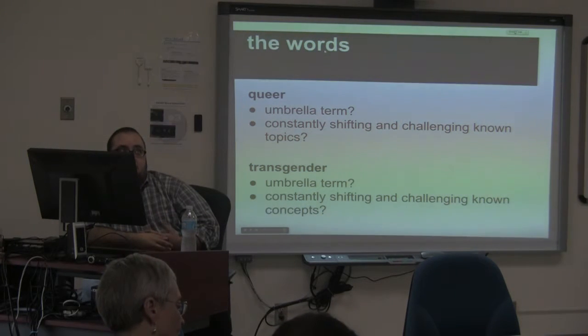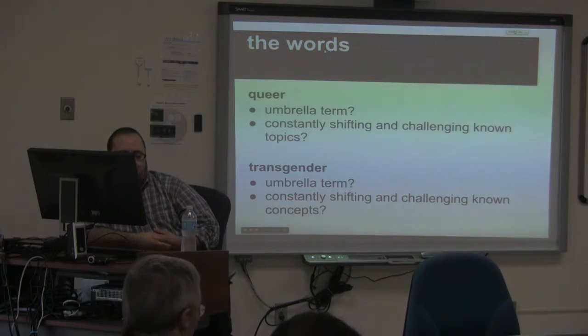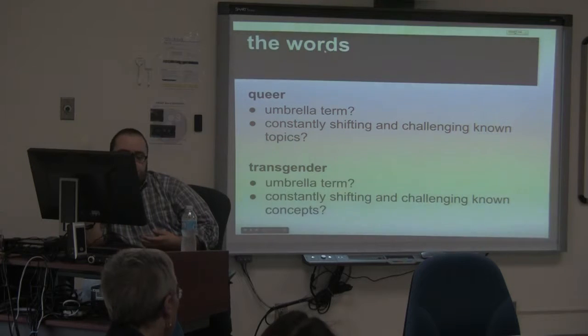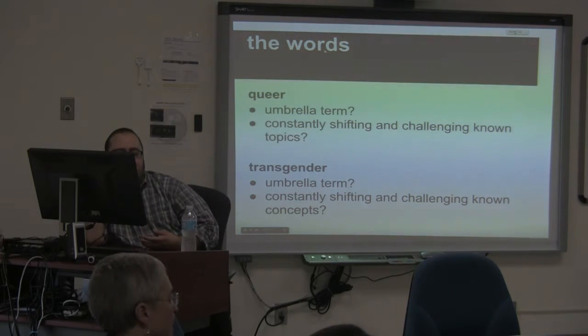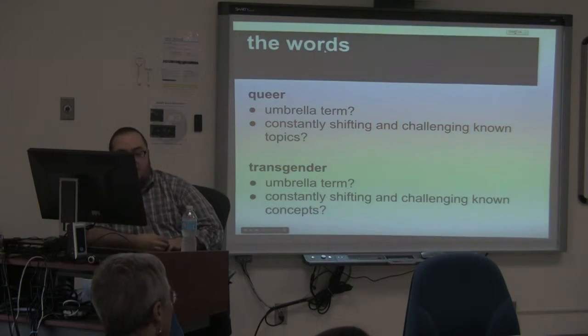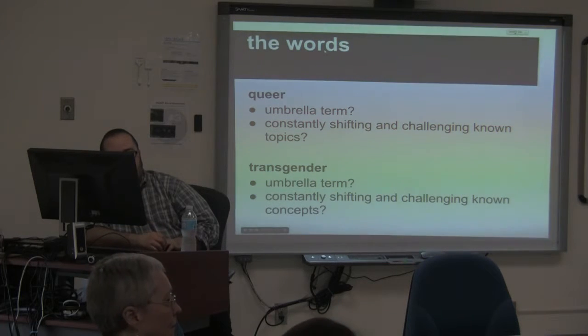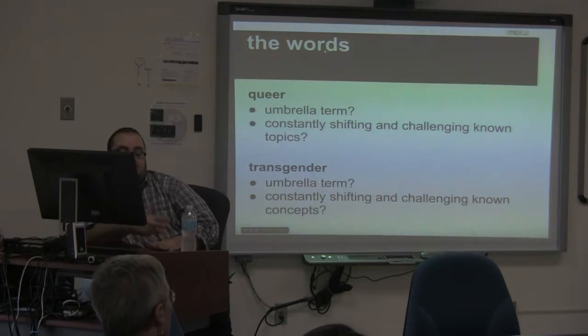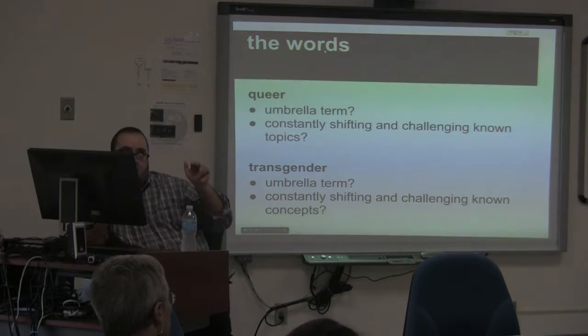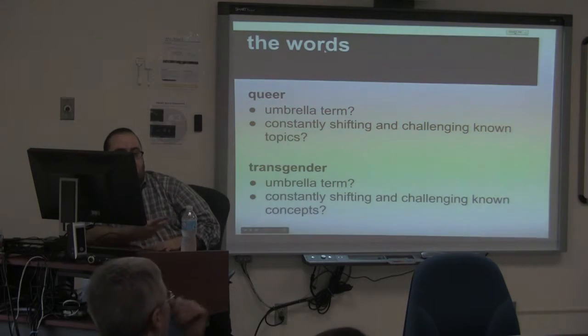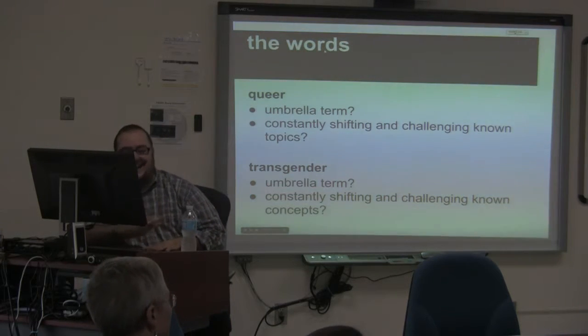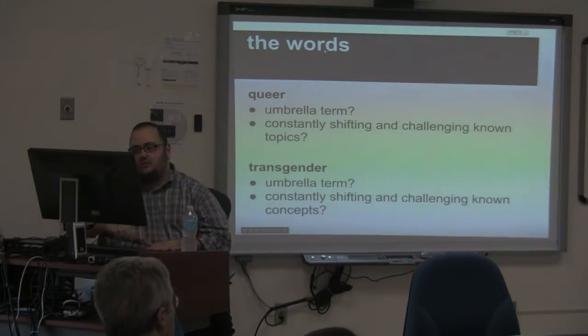It first came about in medical literature pre-World War II, but Virginia Prince is known for popularizing it in the 80s, referring to people who would call themselves transsexuals, specifically male to female transsexuals, but weren't interested in going all the way, so to speak, into having any sort of sexual or gender reassignment surgeries, just changing their outward gender presentation and identity to match the gender with which they identify.